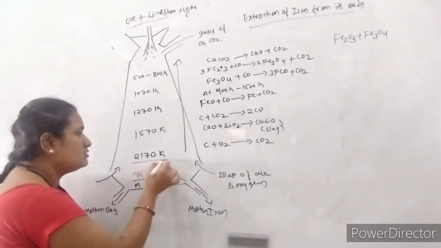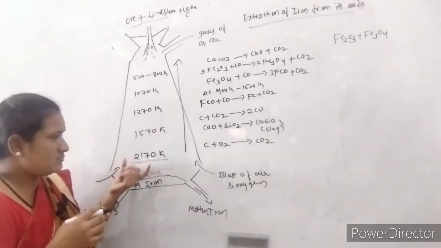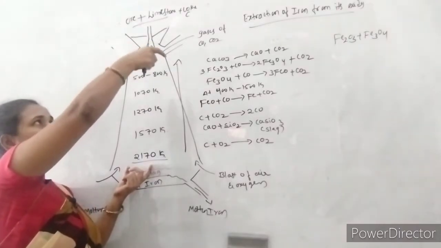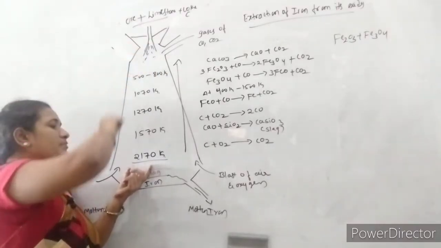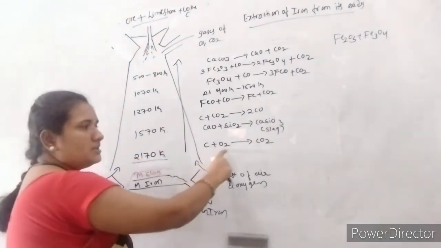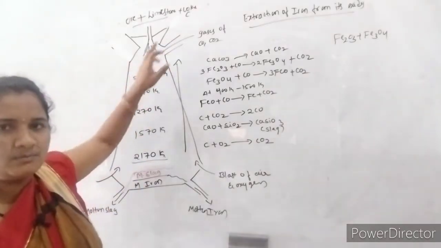It is about 2170 Kelvin. When the temperature is this high, at the upward side there is the combination of ore with limestone and coke. The carbon, in the presence of this much heat, undergoes oxidation and converts into carbon dioxide. The coke is nothing but carbon.